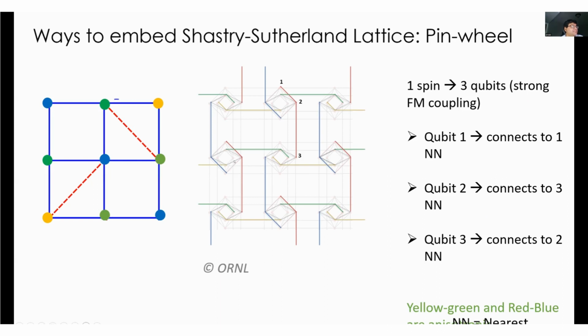Then you have these couplers right here, which are shown in gray. If you stare at it long enough, you will see that you can map this embedding onto the Shastry-Sutherland lattice. Well, that's not the only way you can do it.